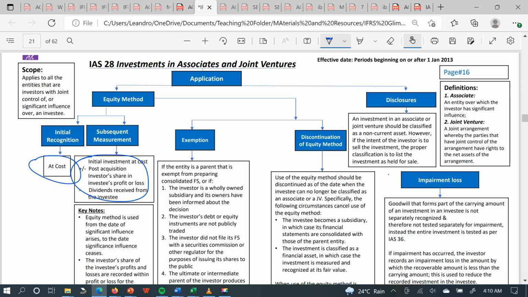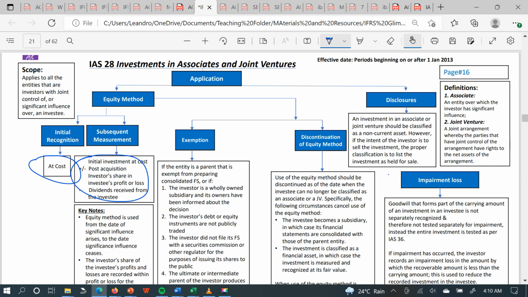You determine the investment at cost, and then after the first day, initial recognition, subsequently, every year end, you add or subtract the investor's share of post-acquisition profit or loss. If the investor receives any dividend, it is deducted. The investment could be impaired, you deduct it.